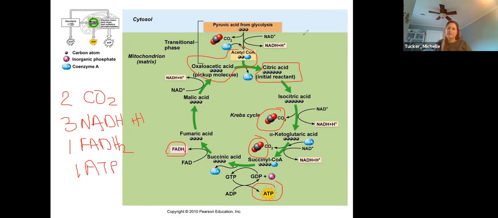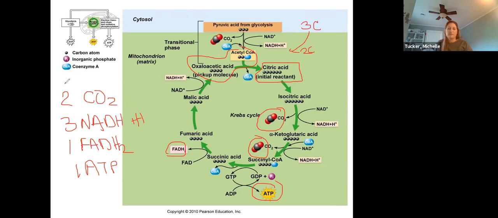So pyruvate comes in at 3 carbons. It gets decarboxylated, so it loses a CO2 to get down to 2 carbons. It joins with the coenzyme A to become acetyl-CoA. This combines with oxaloacetic acid to then move into the citric acid cycle, where it goes through a series of reactions.